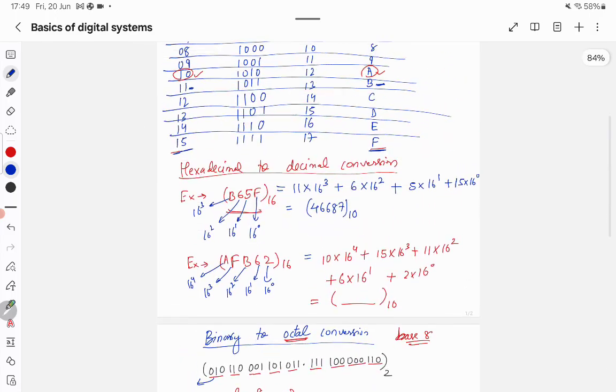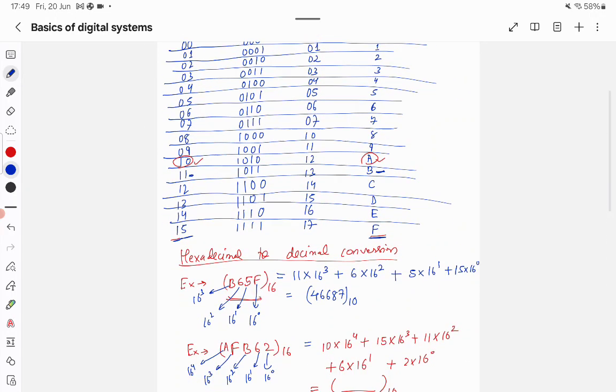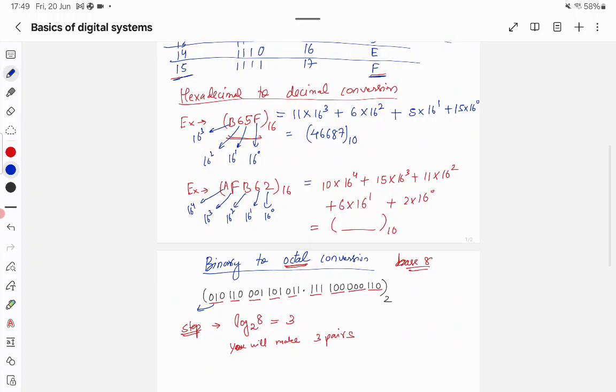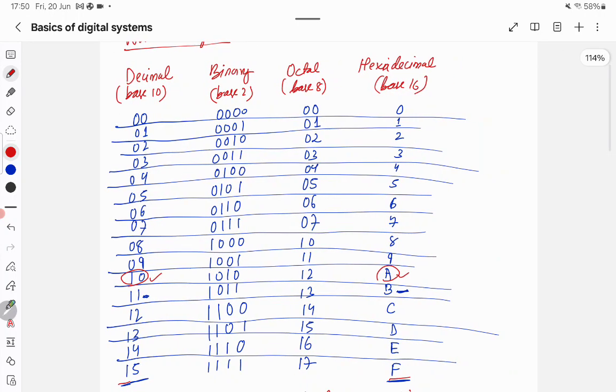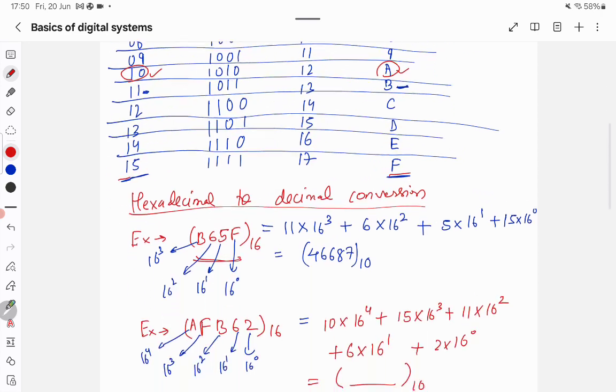If you look at the table here, from binary to octal, let's say 0 1 0. This is the octal number system, this is the binary number system, right? So 0 1 0 is 2. 0 1 1 is 3. 1 0 0 is 4.